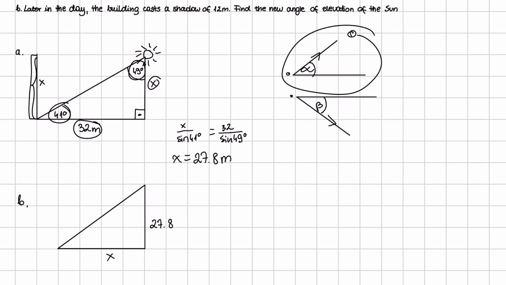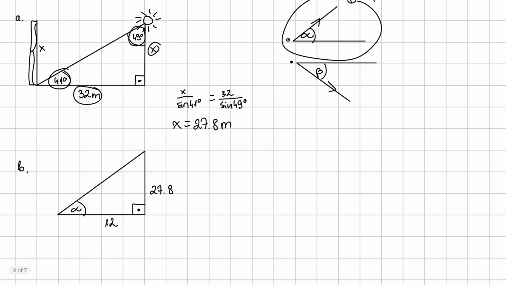Here we have 12 meters, because this is our new shadow of 12 meters. And here we have, of course, 90 degrees, our right angle, and we're looking for the new angle of elevation. Now we don't know this side, we don't know this angle, so we cannot apply the sine rule.